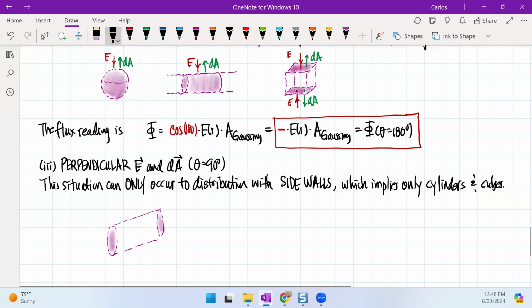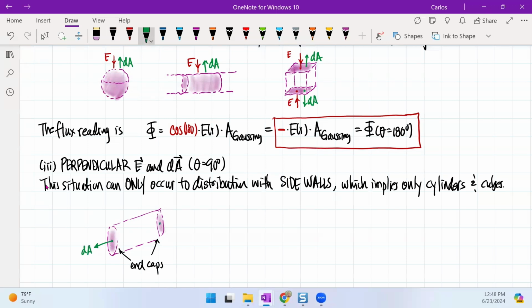Okay, so what you're seeing here is that right here and right here, these are the end caps of the cylinder. So when I look at the area, it implies that it's poking out in this direction, and this guy's going in that direction.